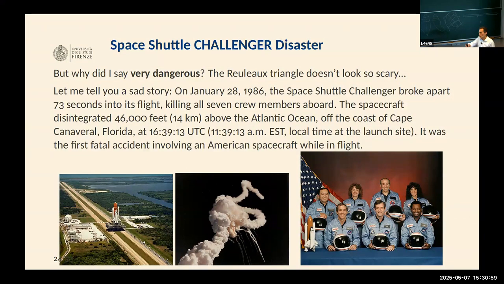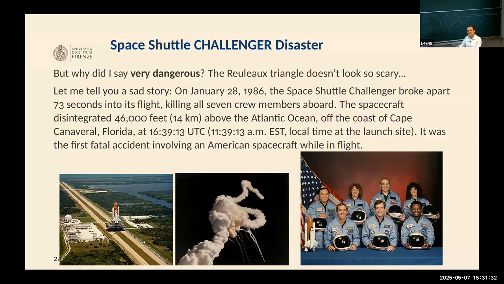Probably some of you are very young, so you don't even know what the space shuttle was. The space shuttle was an American spaceship in the 80s. It could start like a usual spaceship, but then it could land like an airplane, so it could come back. There were two white boosters and a fuel tank.